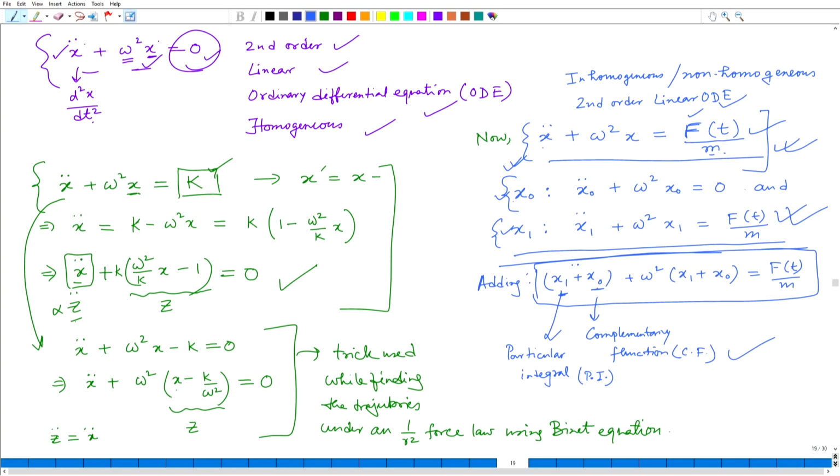You also have to obtain the complementary function, then write the sum of the two as the total solution, and only then should your initial conditions be applied to those solutions. Okay.